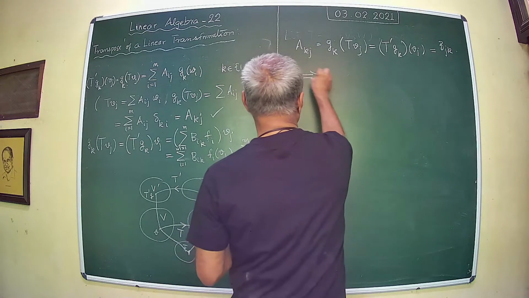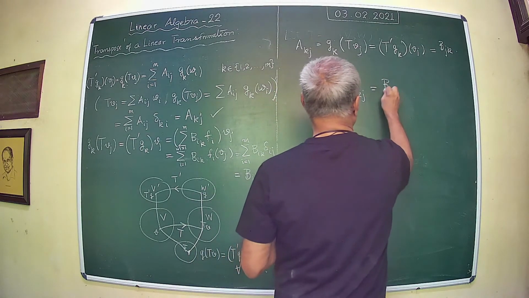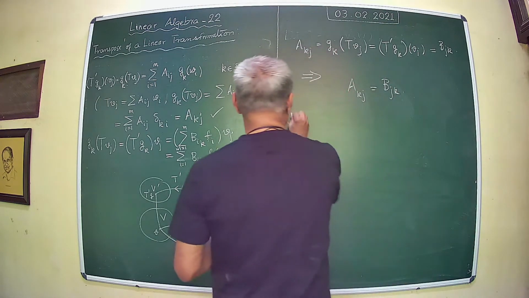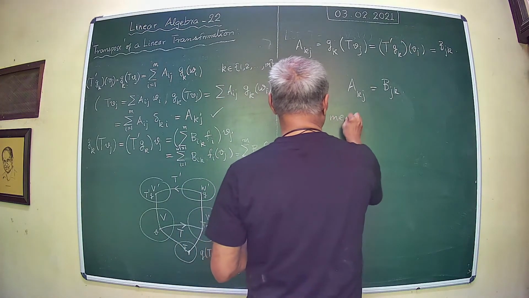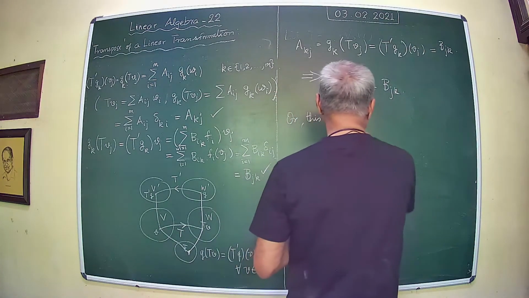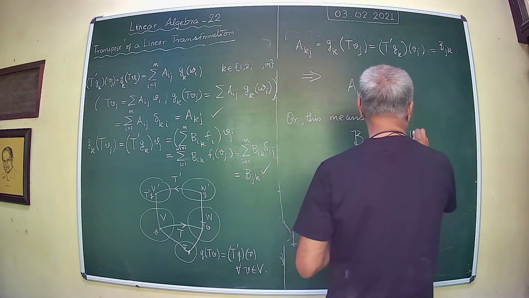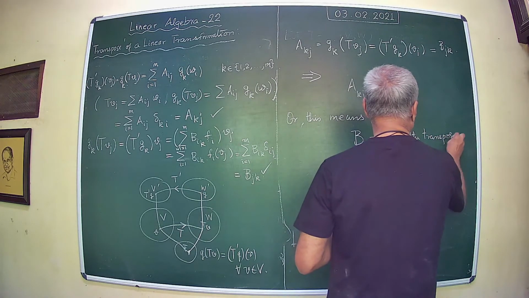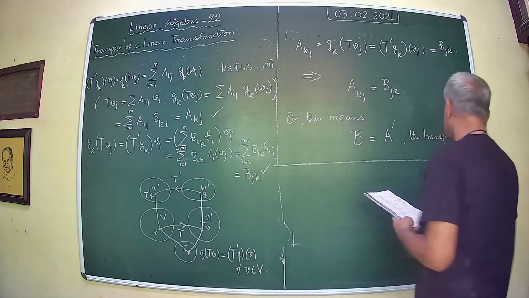This implies, or in other words, what this means that B is equal to A prime, the transpose of A, so that completes the proof.